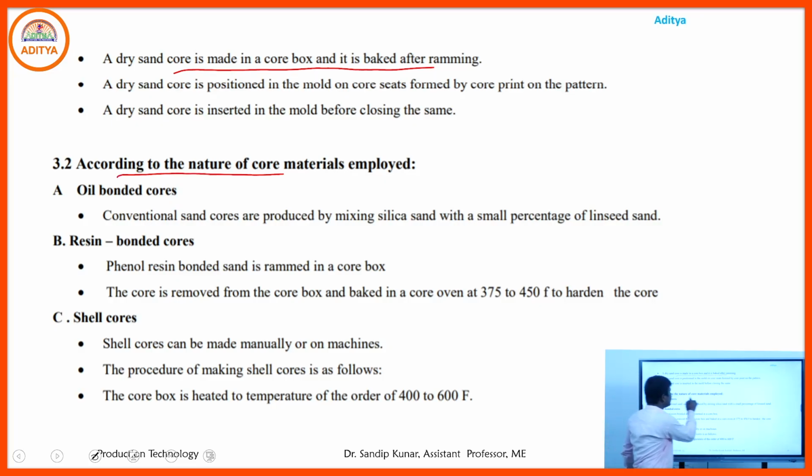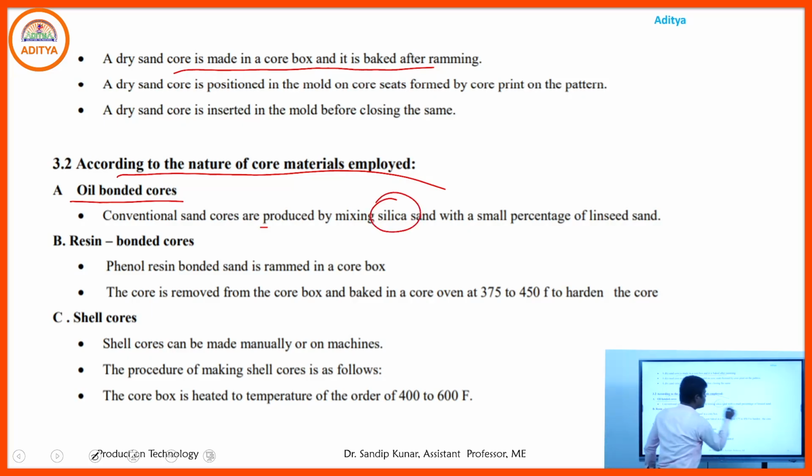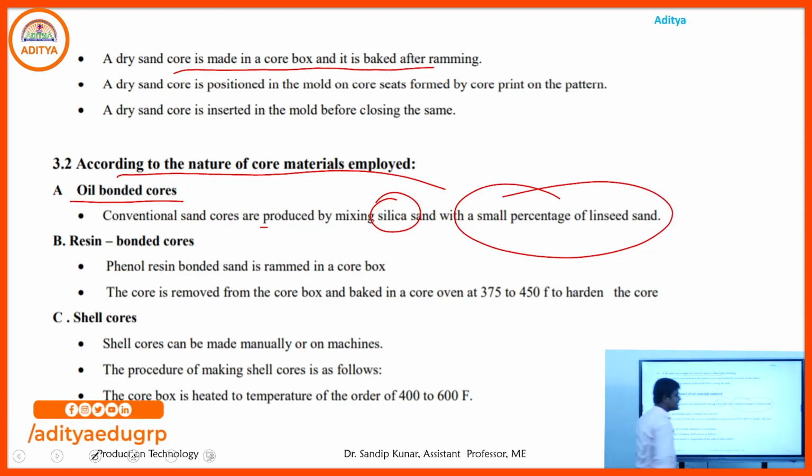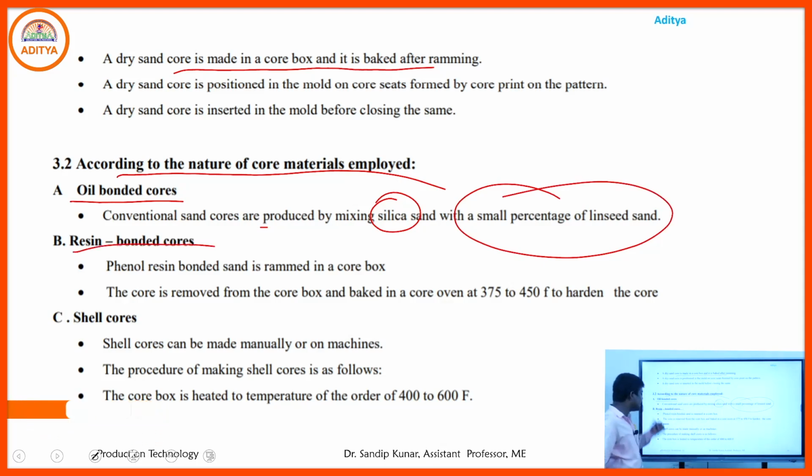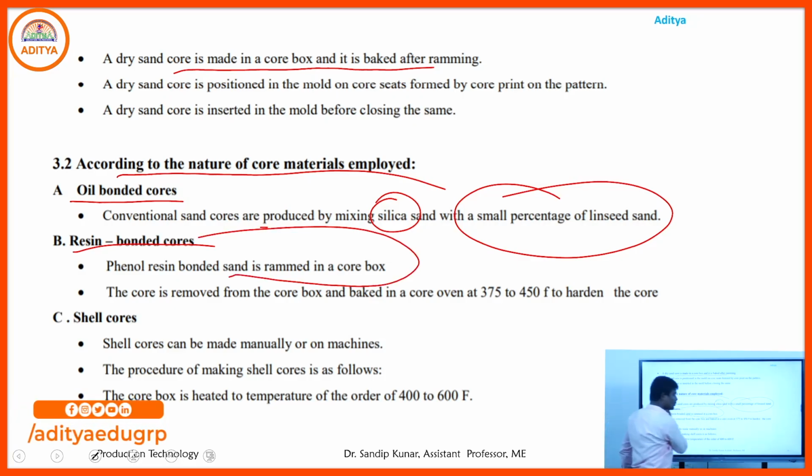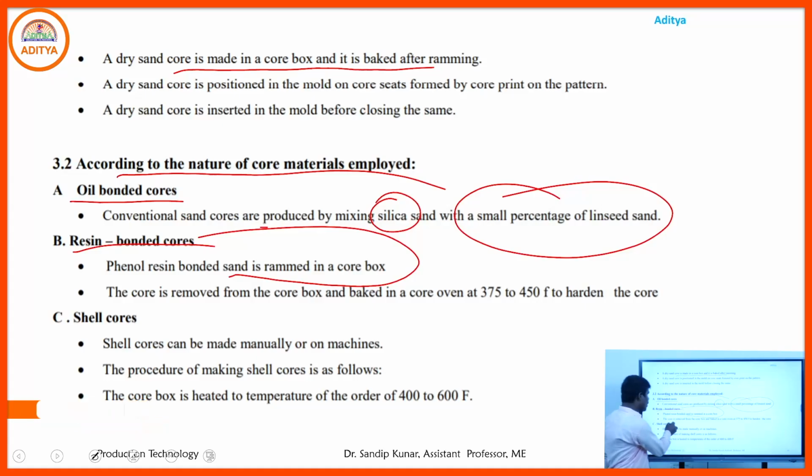Another, according to the nature of the core materials used, first is oil bonded cores. Conventional sand cores are produced by mixing silica sand with a small percentage of linseed oil. Another is resin bonded cores, sometimes phenol resin bonded with sand, rammed in a core box. The core is removed from the core box and baked in a core oven at 375 to 450 degrees to harden the core.